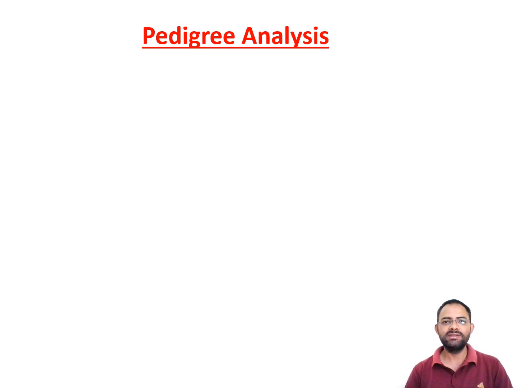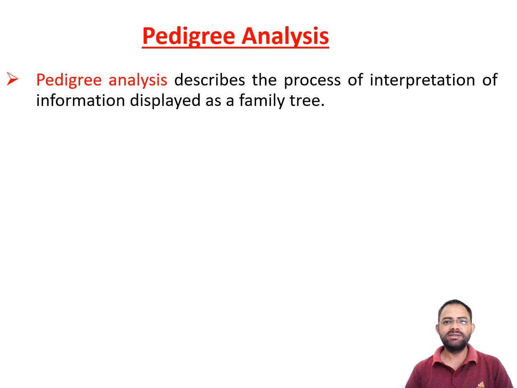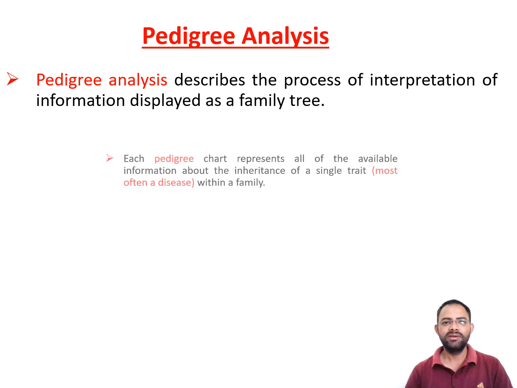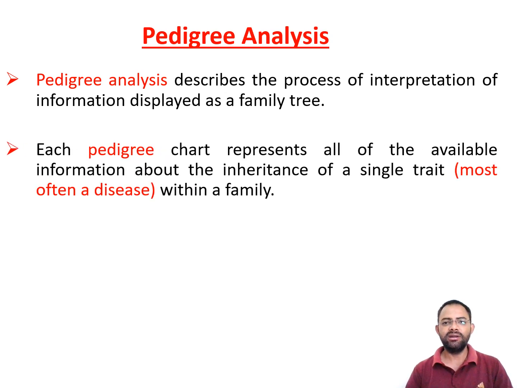Now, the pedigree analysis. Pedigree analysis describes the process of interpreting information displayed as a family tree. Each pedigree chart represents all of the available information about the inheritance of a single trait, most often a disease, within a family.